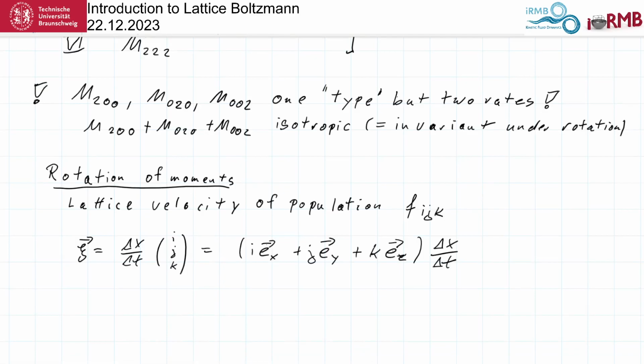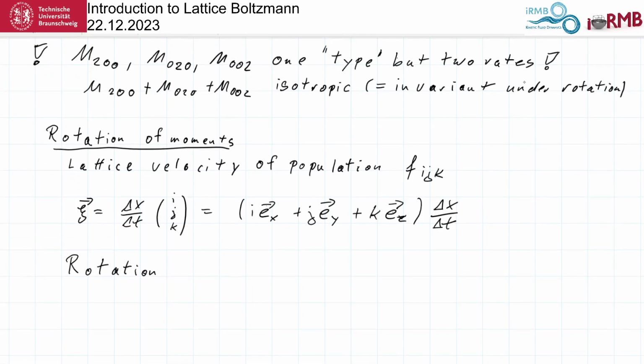So when instead of this we look at a rotated lattice, by a rotation in any arbitrary direction, now we indicate the rotated vector by iR, jR, and kR.